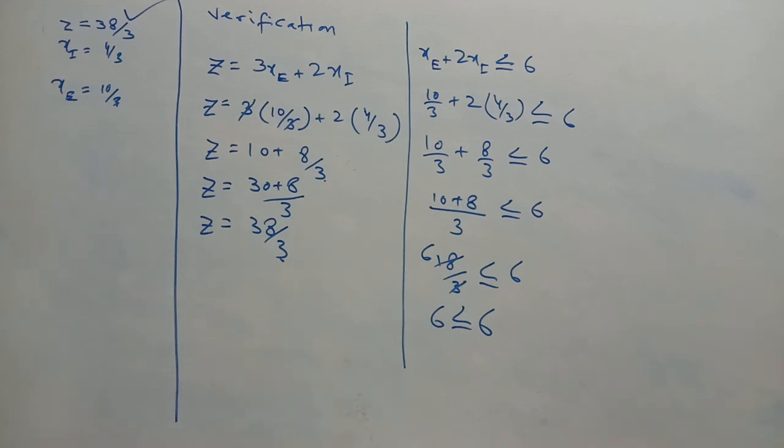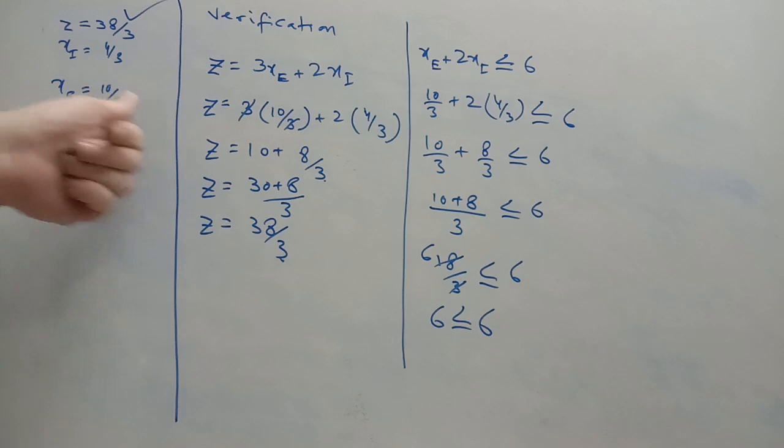So hence, if you can see that the problem we solved via graphical method or even with the simplex method, the values are the same. If you see over there in graphical, it was 1.33, it was 3.33.